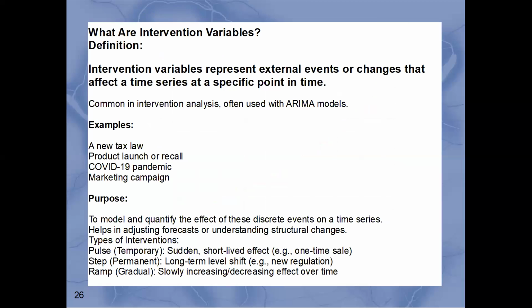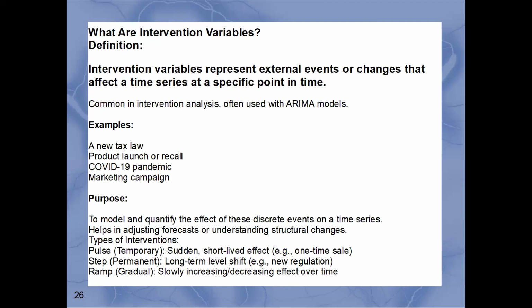So we also have something called intervention variables, and an intervention variable represents external events or changes that affect the time series at a specific point in time. You'll find these are also used with the ARIMA models that we'll talk about in Chapter 9.